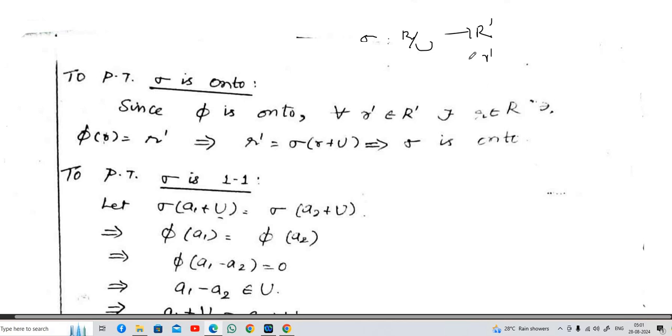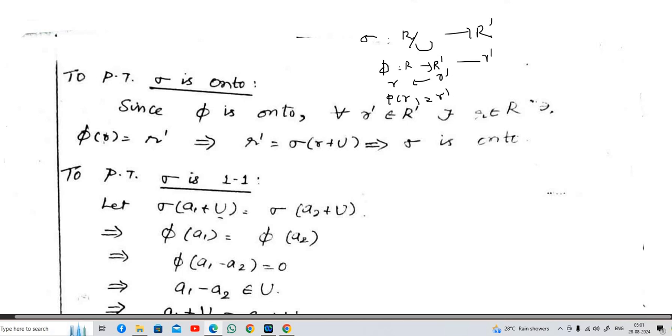Now because phi is onto, from R to R prime, for this r prime you will find one r in capital R such that phi of r equals r prime.